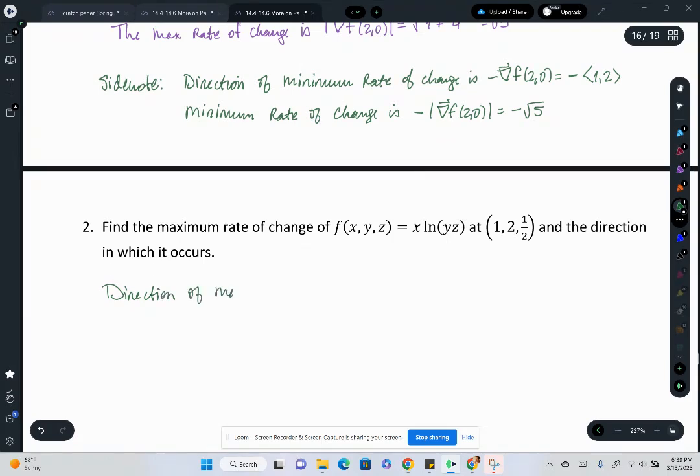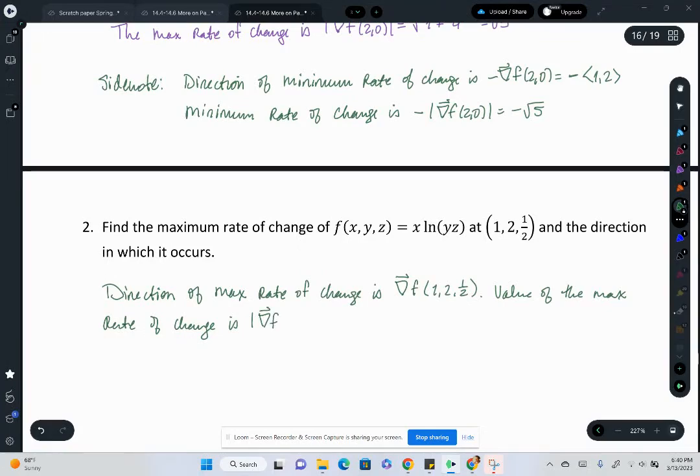The direction of the max rate of change is the gradient vector of f evaluated at (1, 2, 1/2). And then the value of the max rate of change is the magnitude of the gradient evaluated at (1, 2, 1/2).